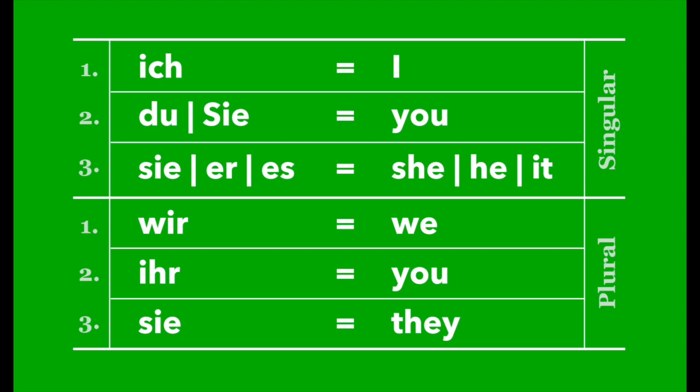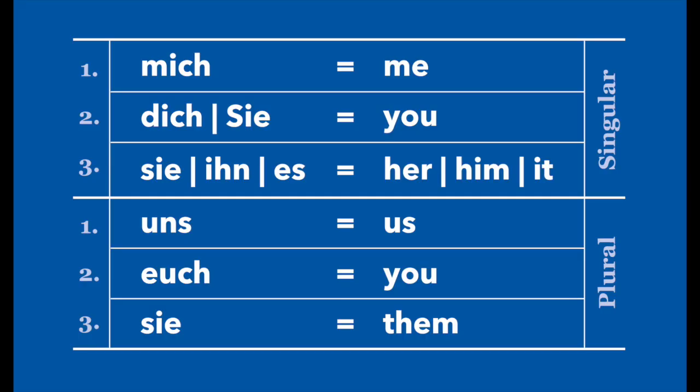Ihr is you in plural, and sie meaning they. The personal pronouns in accusative are mich for me, dich and Sie, the informal and formal approach, meaning you in singular, sie, ihn und es, meaning her, him and it, uns, meaning us, euch, you in plural, und sie, meaning them.